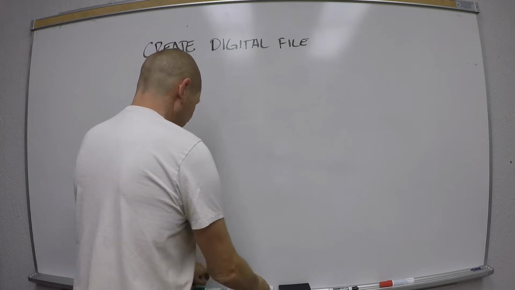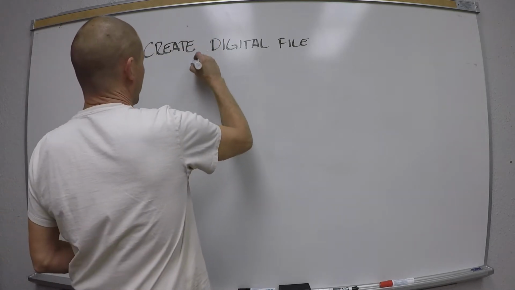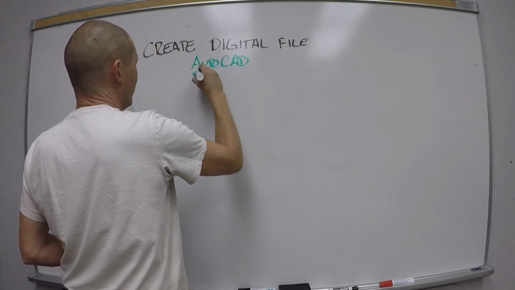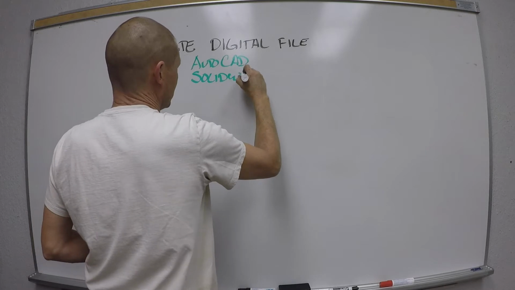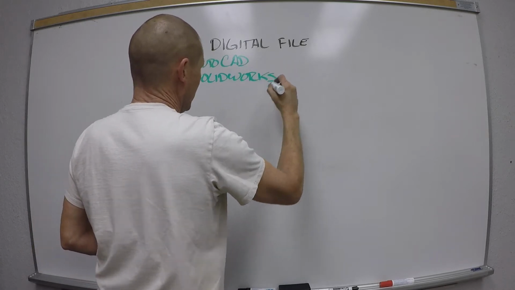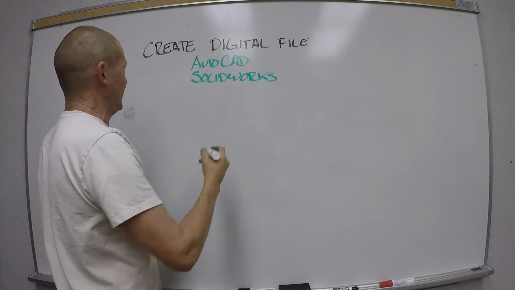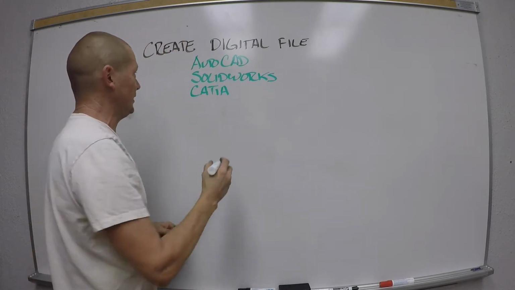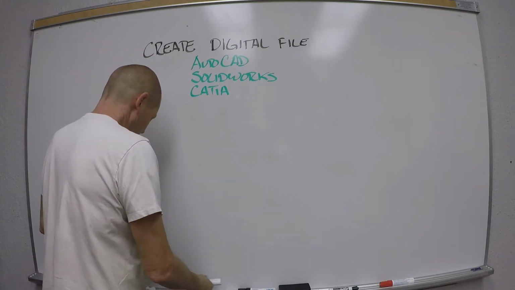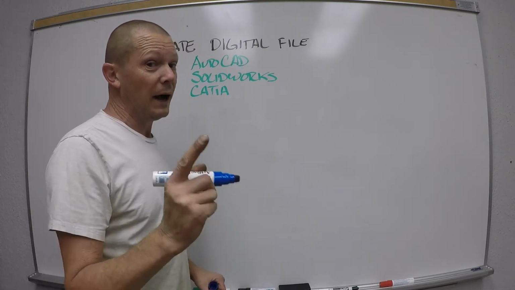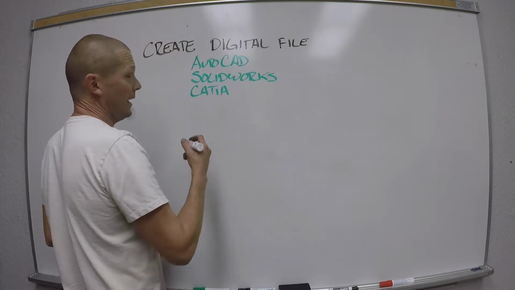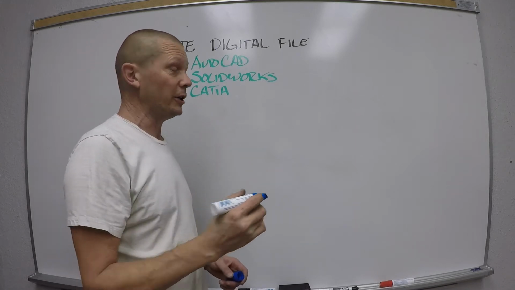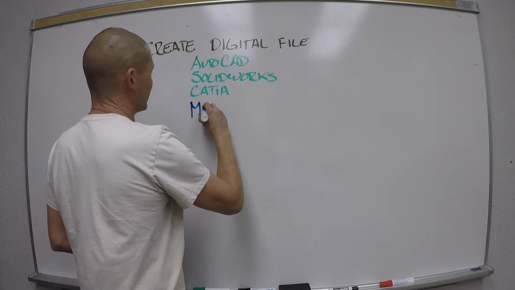That can be in AutoCAD, SolidWorks, CATIA, all kinds. I think there's Fusion 360, or it could actually be in your toolpath software as well, which, and I'm going to put that in blue, at school and in the aerospace industry, they use software called Mastercam.